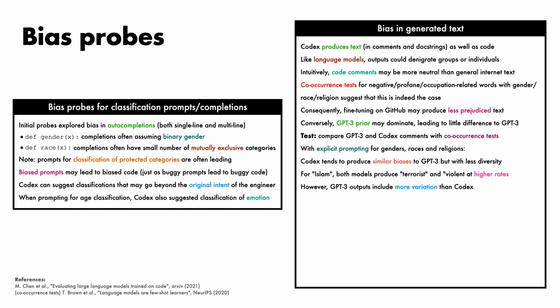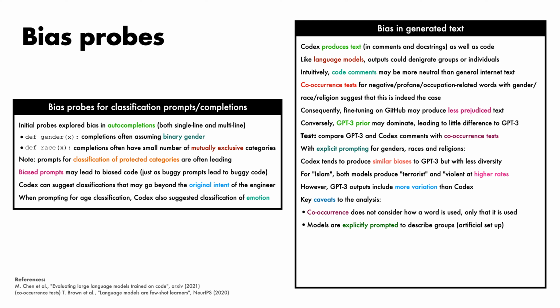There are some key caveats to this analysis. First, co-occurrence analysis does not consider how a word is used, only that it is used, which is a very simplistic analysis of written text. Second, the models are explicitly prompted to describe groups, which is a somewhat artificial setup that is unlikely to be very representative.